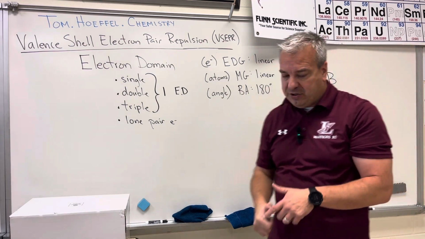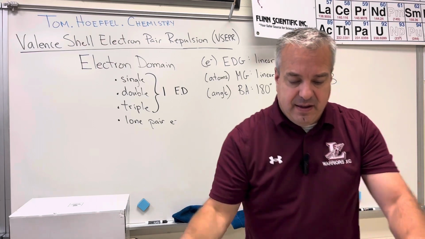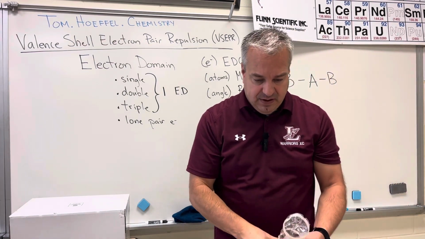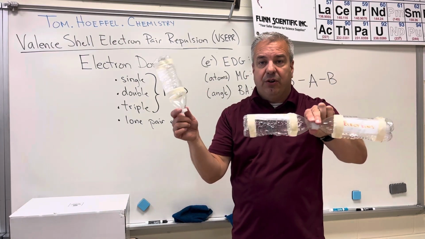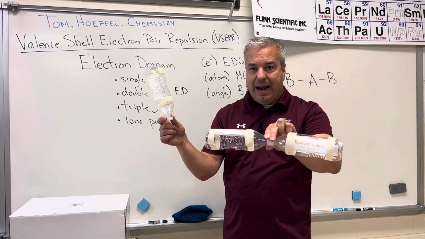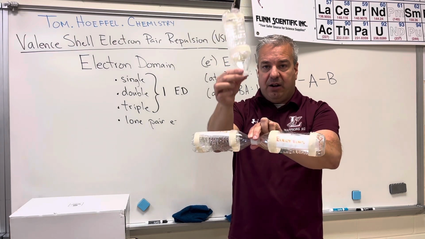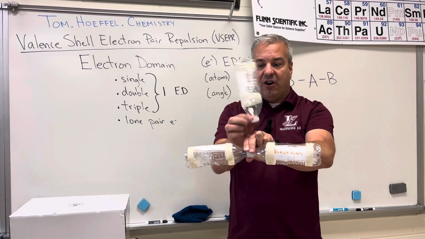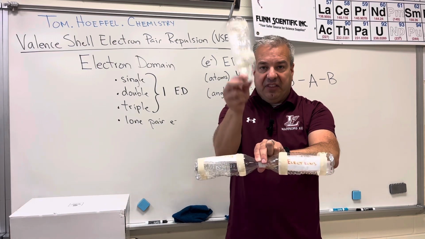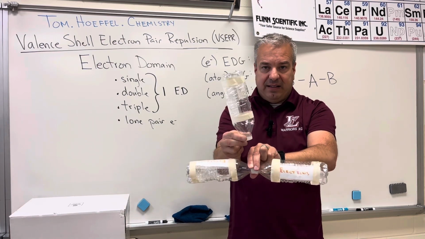Well, I have a question for you. If we have two domains, and we want to introduce a third domain, what would happen? If I bring in a third domain right here, these two electron domains are not going to stay put. They're going to be repelled by these electrons.